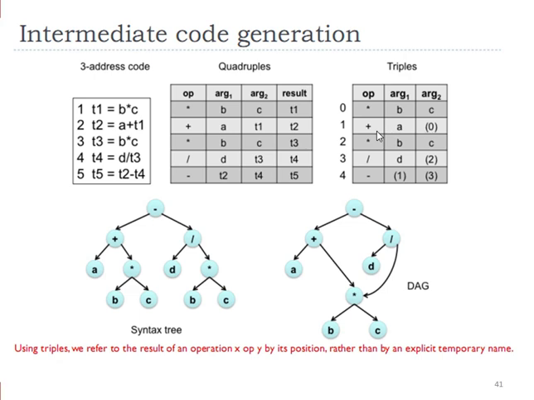So, for example, in row 1 we refer to the previous product from row 0.